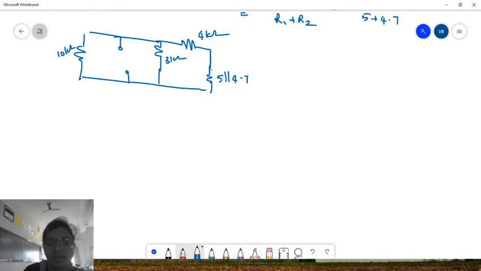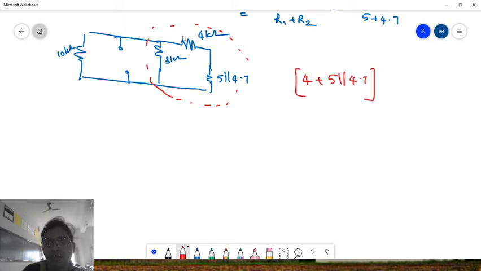This entire network we can solve by 4. These two are in series, that is 4 plus 5 is parallel to 4.7. This entire part will be reduced to a single resistance, and that equivalent resistance will be parallel with the 3 kilo ohm.